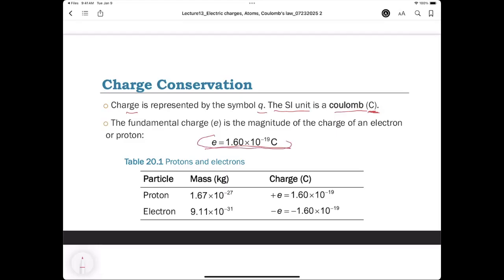For a proton, the charge is e, and for the electron, the charge is negative e. This is a fixed constant value.